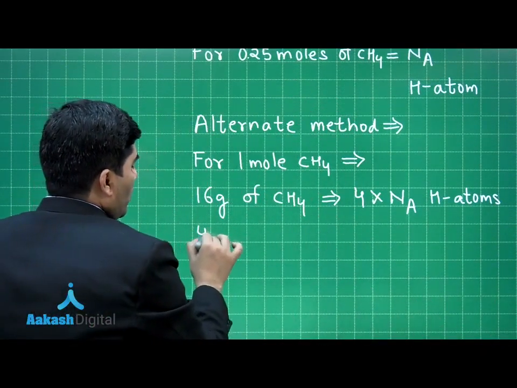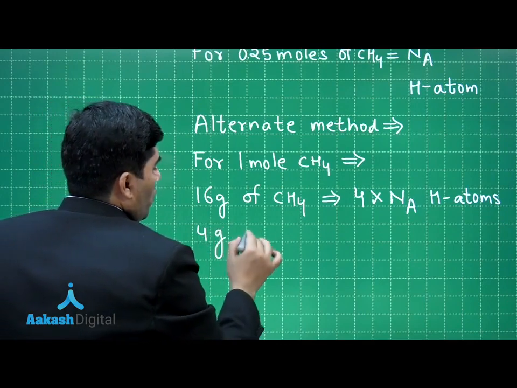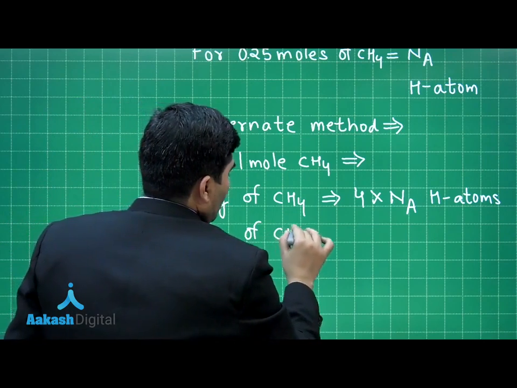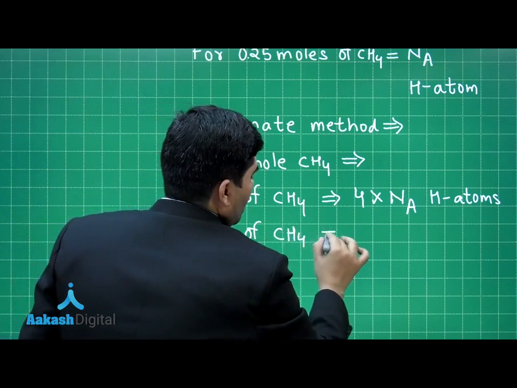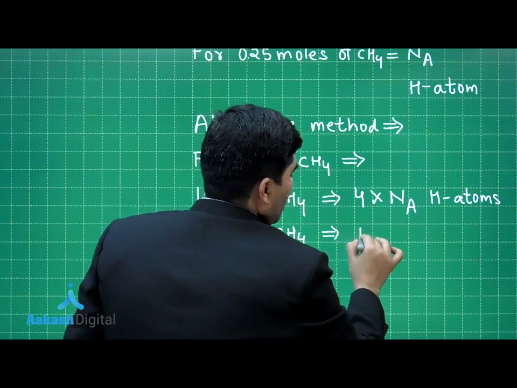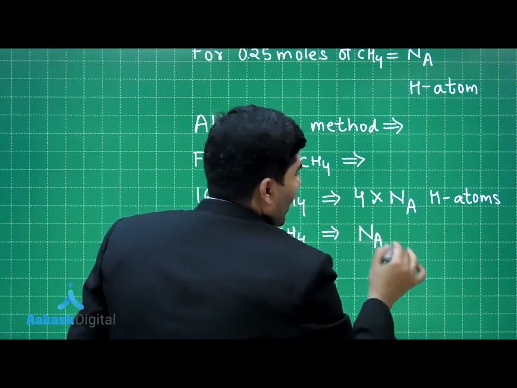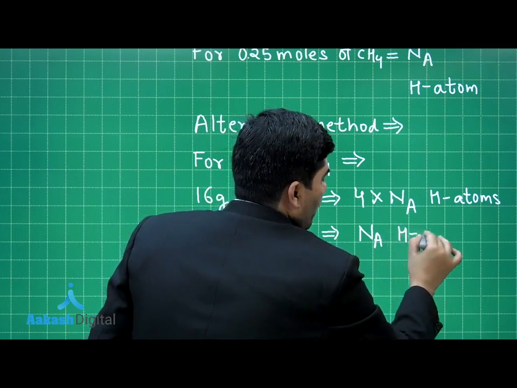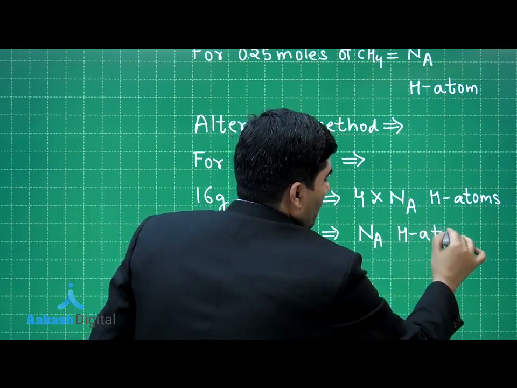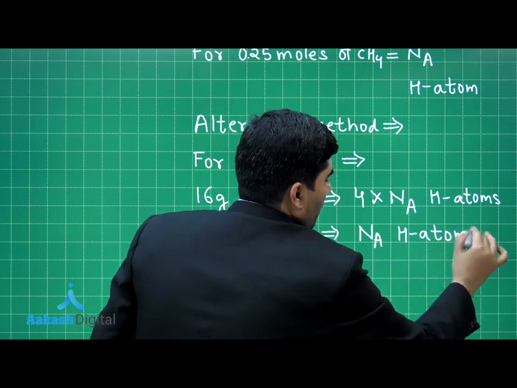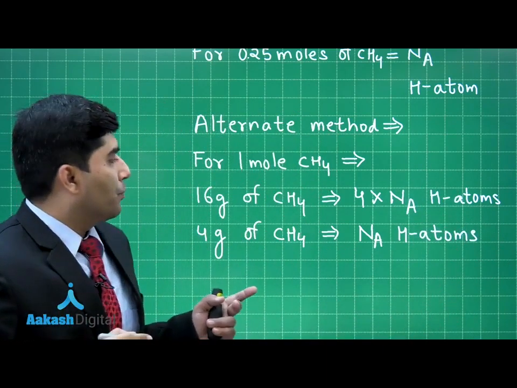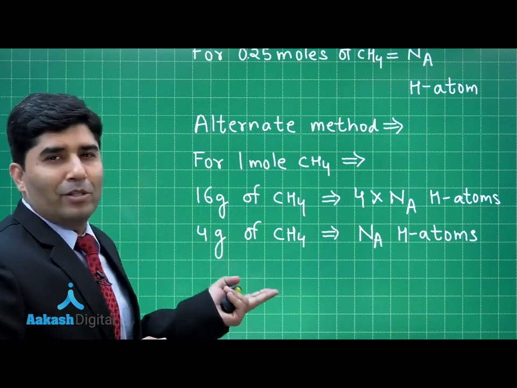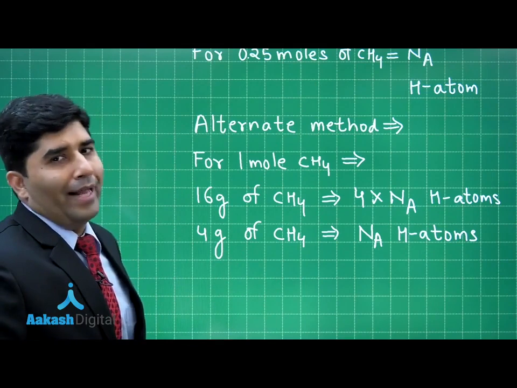So 4 gram will have Avogadro number of hydrogen atoms. So we can solve the questions by this method also. Let's move on to the next question.